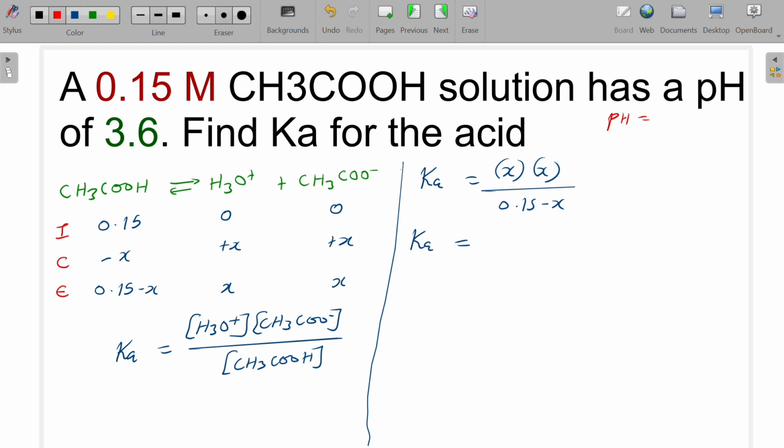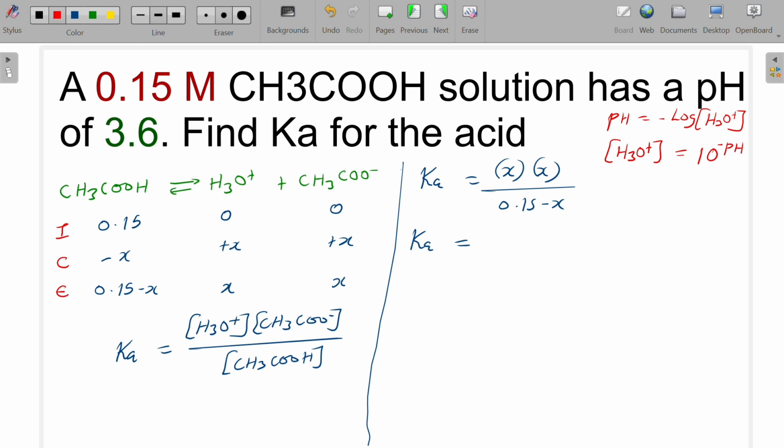From the formula that says pH is equal to negative log of the hydronium ion concentration, like that. This hydronium ion concentration, making it the subject, will be equal to 10 to the power of minus pH.